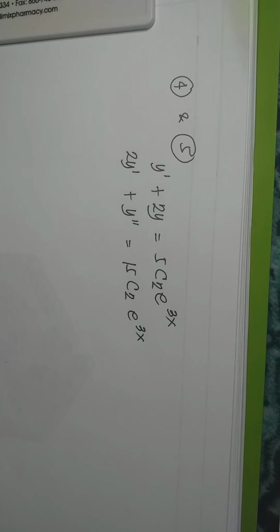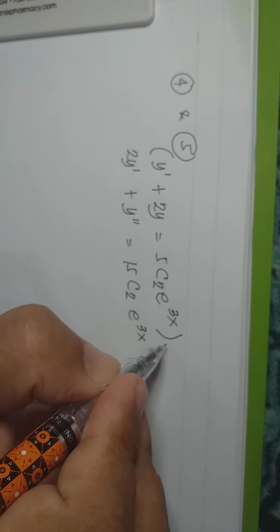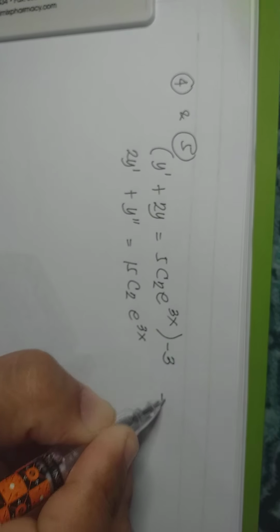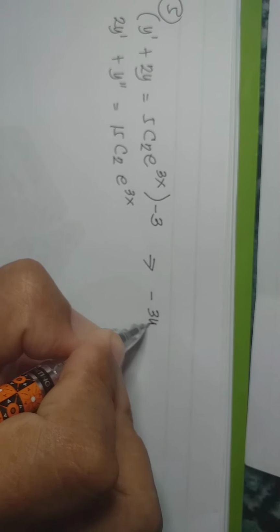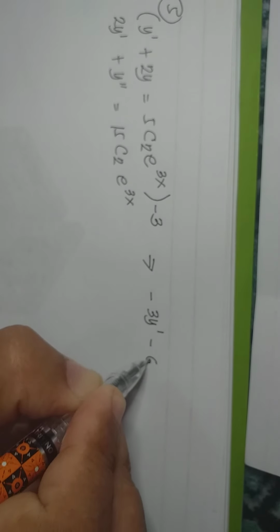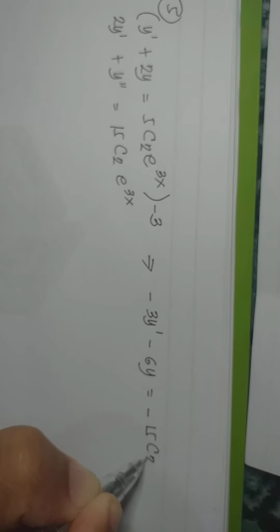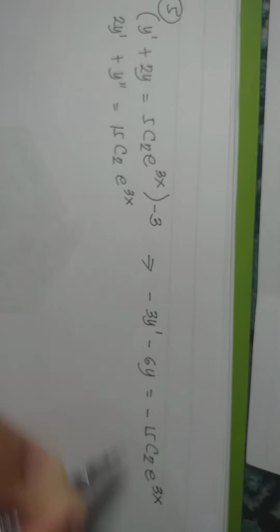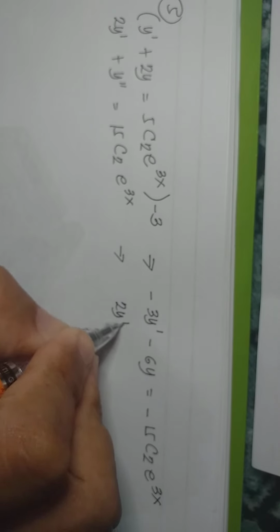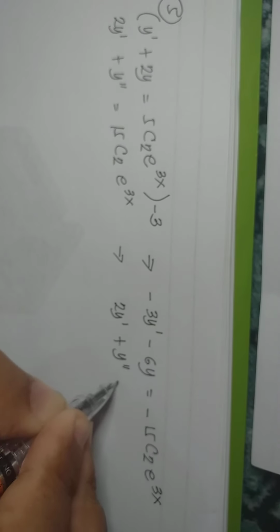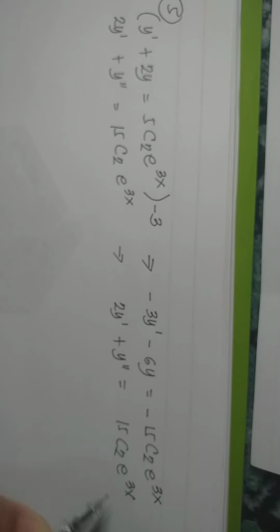So we need to multiply equation 4 by negative 3, giving us negative 3y prime minus 6y equal to negative 15 c sub 2 e to the 3x. And just copy equation 5. So we have 2y prime plus y double prime equal to 15 c sub 2 e to the 3x.